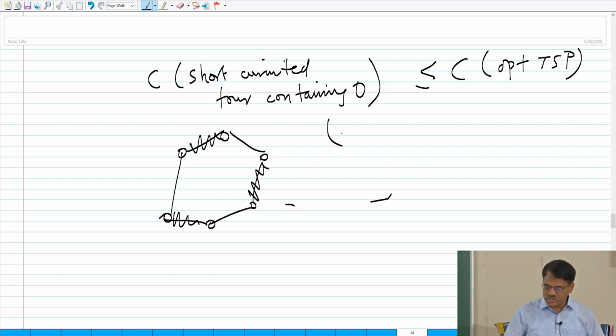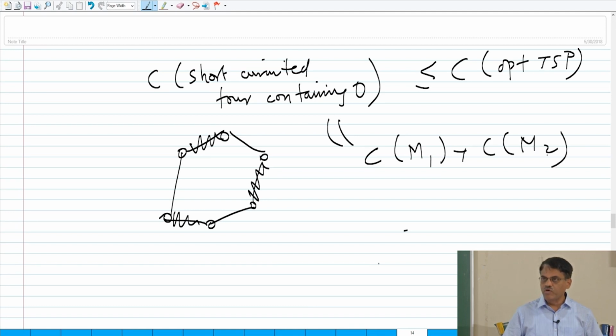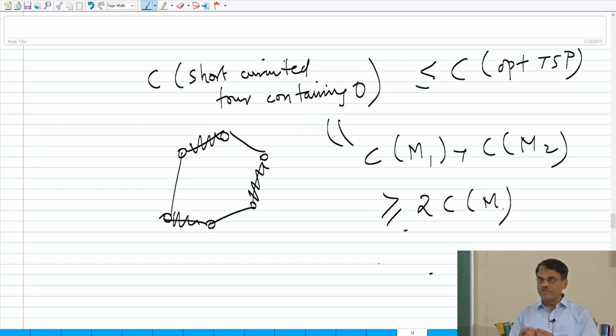So, this cost is nothing but the cost of some M1 plus the cost of M2. Both of them are perfect matchings on the odd degree nodes. Are we done? Now, this must be greater than or equal to 2 times the cost of M, where M is the minimum weight perfect matching on O. So, each of M1 and M2 must be greater than or equal to C of M. Maybe one of them is equal to M, greater than or equal to.